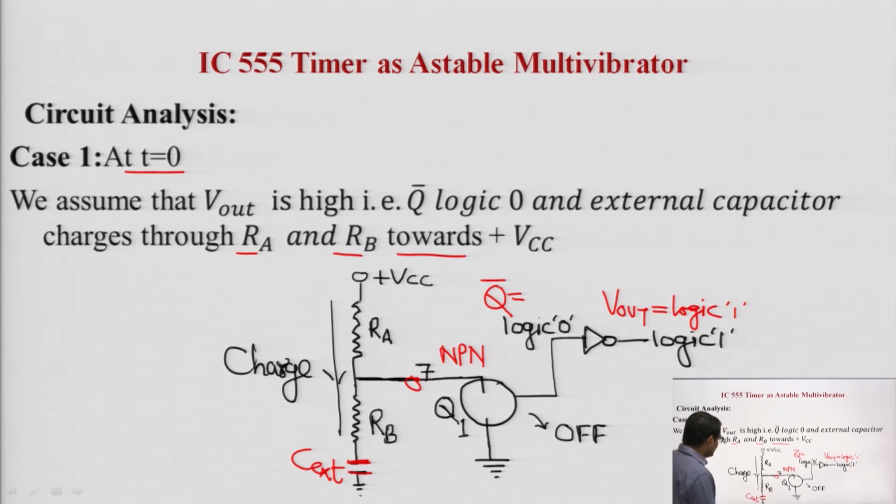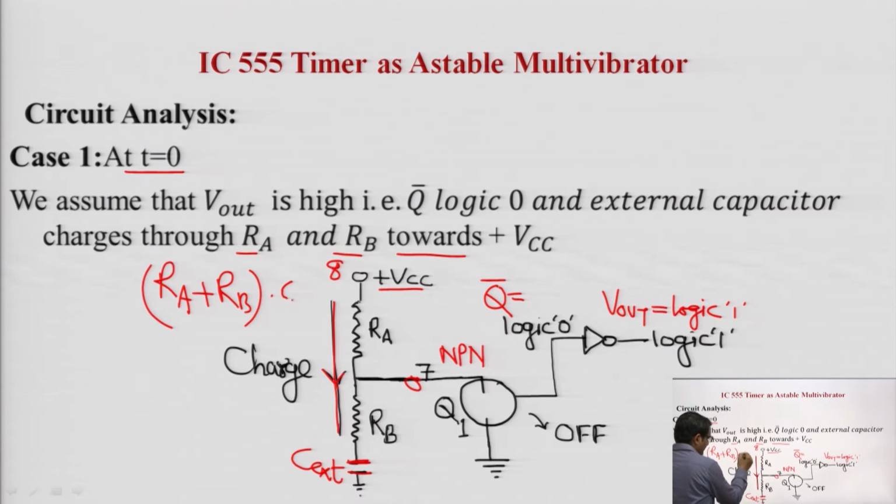It tries to charge, connected to the power supply VCC at pin number 8, with a time constant of (RA plus RB) times C. This is the concept of this slide. We assume that V out is high, Q bar is logic 0, and the external capacitor charges through RA and RB towards plus VCC.